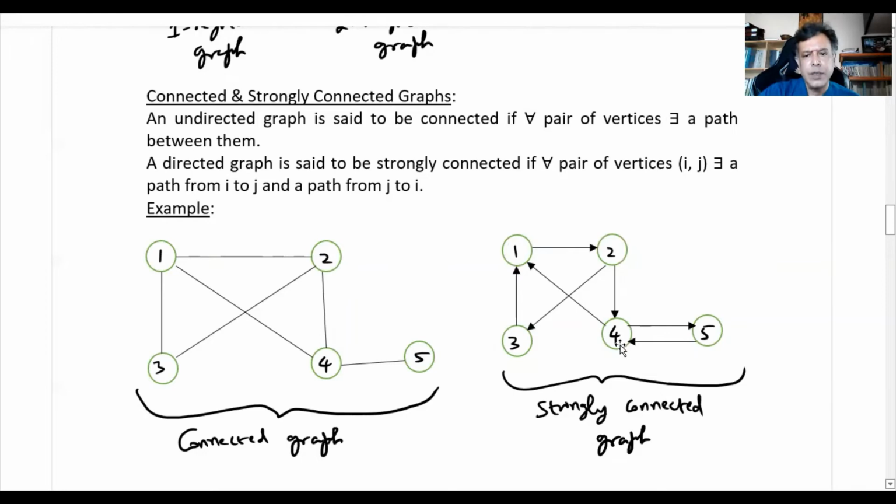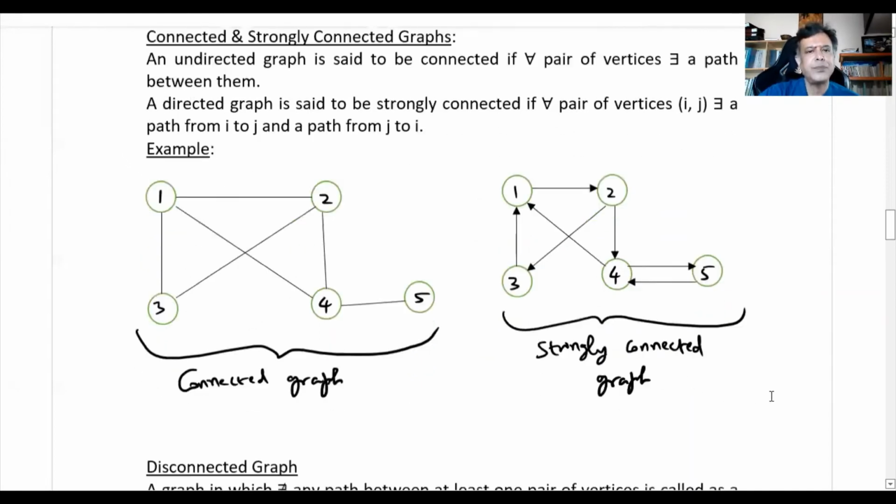Even reverse, 4 to 1, is there a path? Yes, it is there. Let me consider 1 to 5. Is there a path? Yes, 1 to 2, 2 to 4, 4 to 5. What about 5 to 1? 5 to 4, and then 4 to 1. There is a path available. So we call this particular diagram as a strongly connected graph.